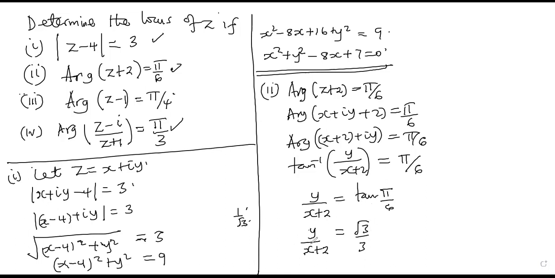All right, so if you cross multiply, you'll have 3y is equal to root 3 x plus 2 root 3.